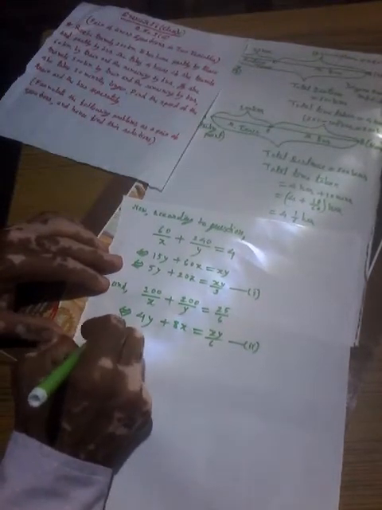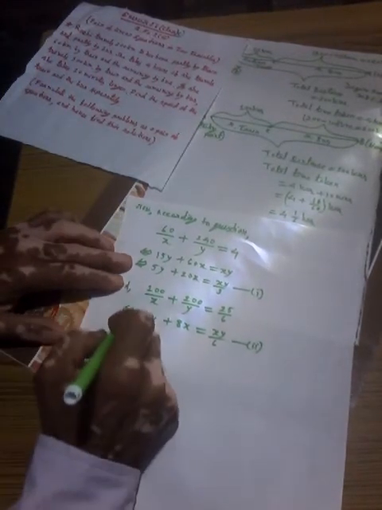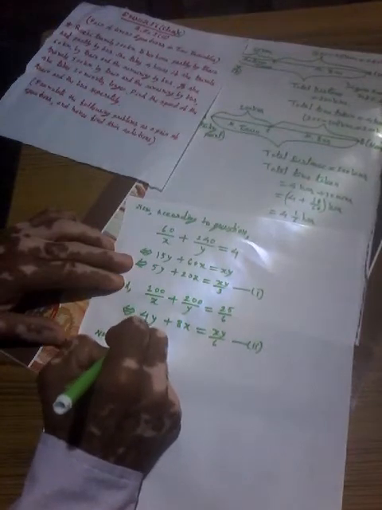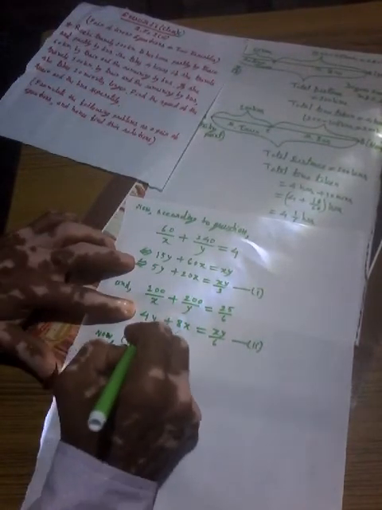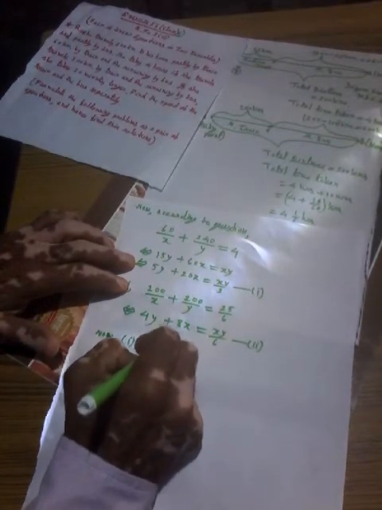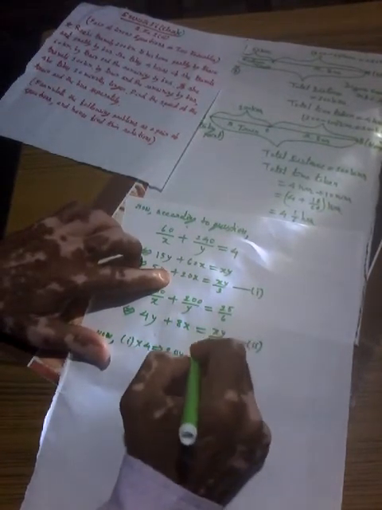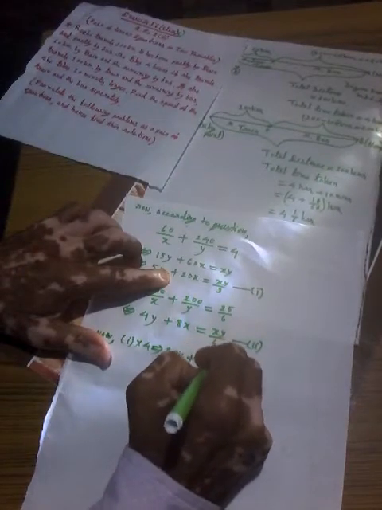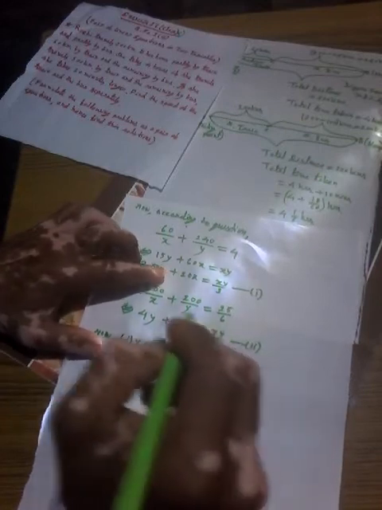Now 1 into 4 implies 20y plus 80x is equal to 4xy by 3.